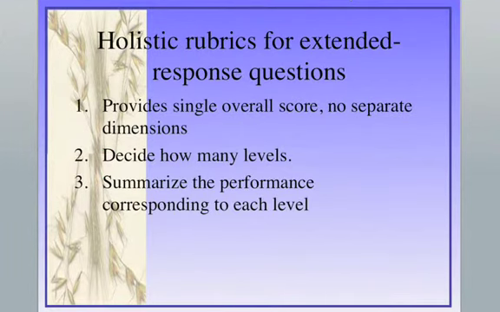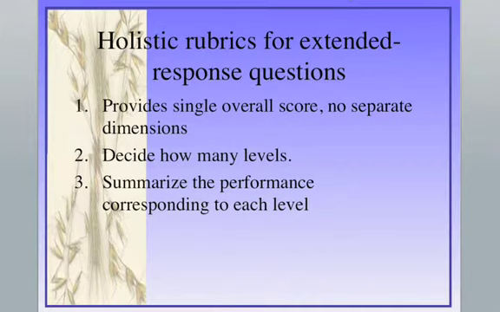Holistic rubrics for extended response questions provide a single overall score. There's no separate dimensions. You have to decide how many levels this is going to have, and you're going to have to just summarize the performance corresponding to each level. And what this does is it really summarizes across multiple dimensions a holistic response. You know, if grammar is good, the extended details are well supported.